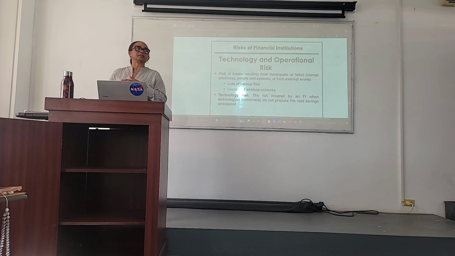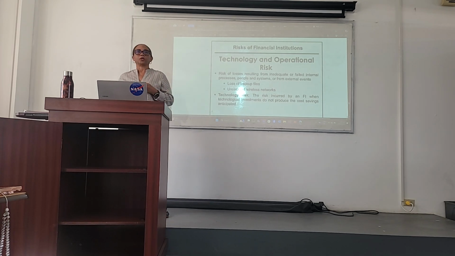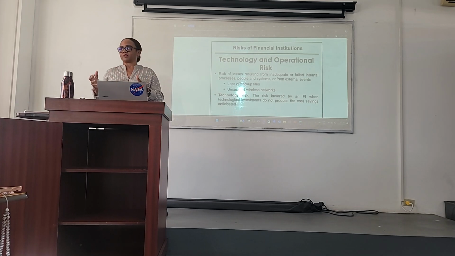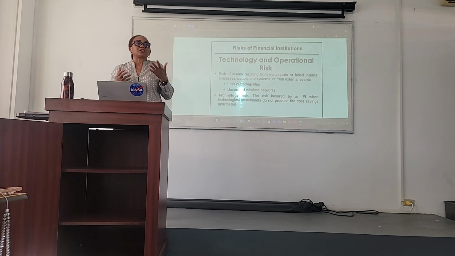So we see that institutions are investing more and more in the technology, but something else affects that. So you invest in the technology, but you have frequent power outages, and although you may have a UPS surge protector, some of the equipment just cannot handle it, right?